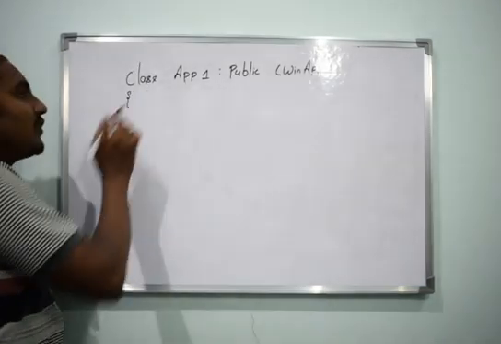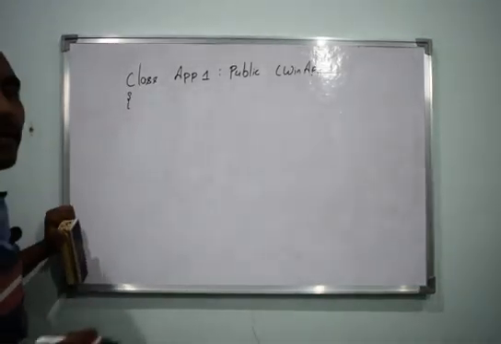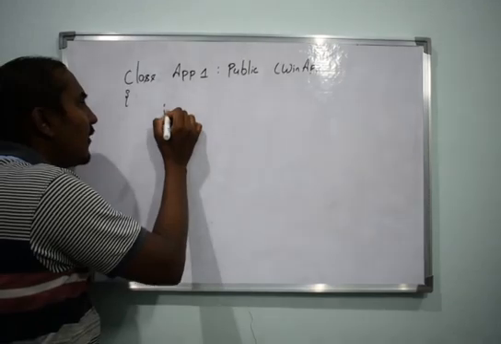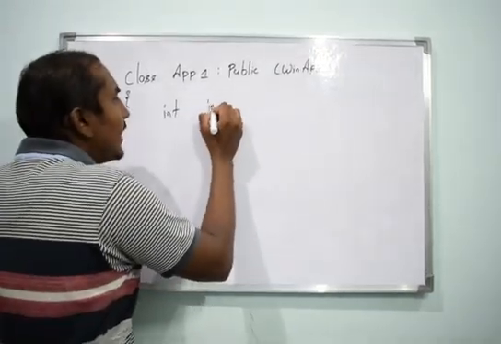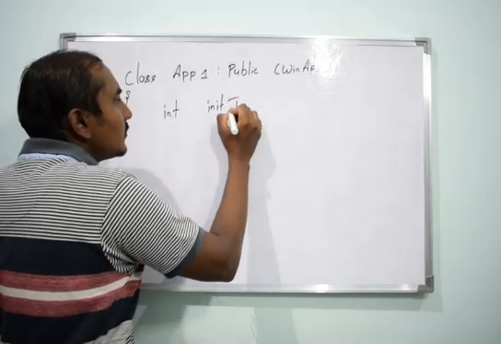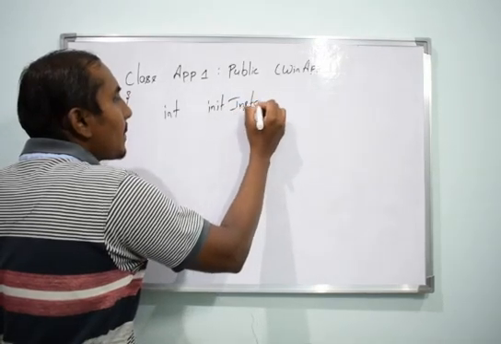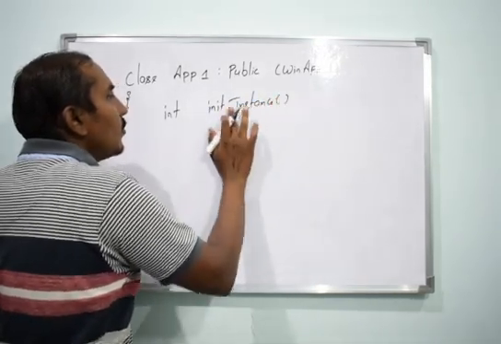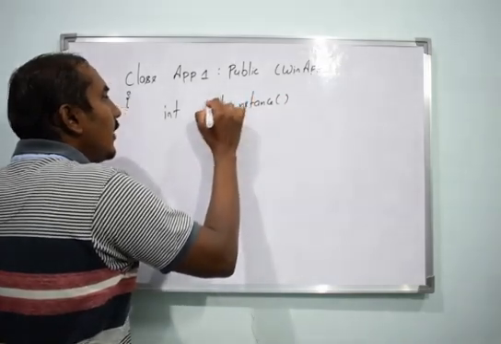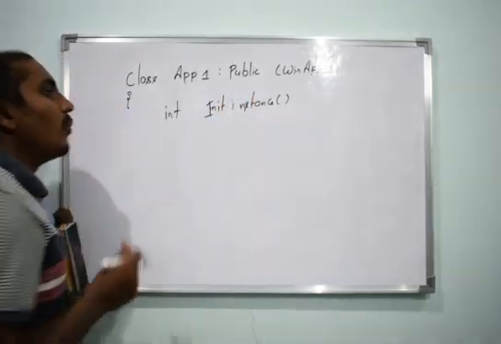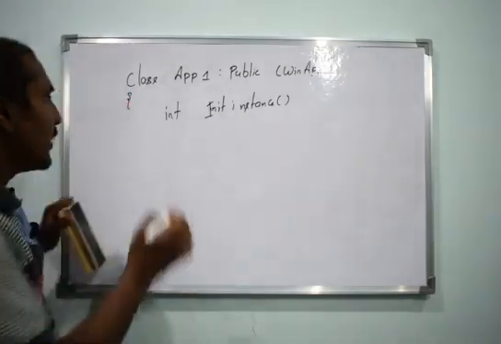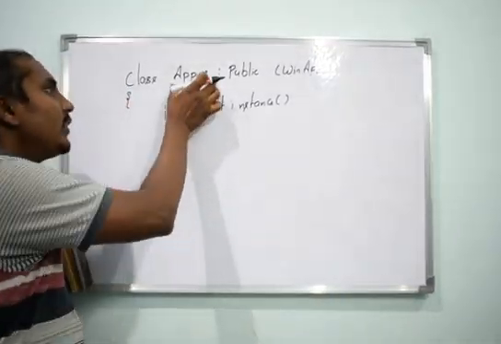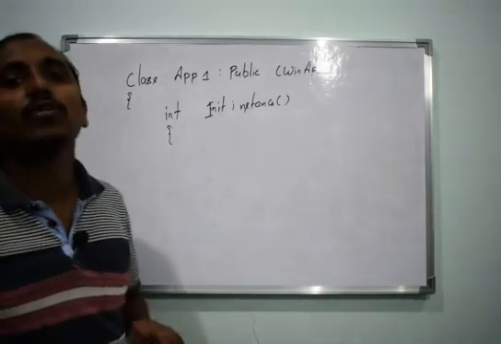Now in this particular class, we'll have an inbuilt function called InitInstance. The I and the I of Init are small and the first letter of Instance is capital. InitInstance is the method that will be called whenever you create the object of this class, app1.